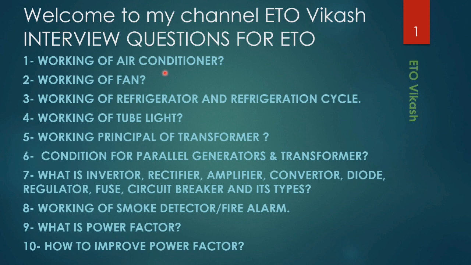So AC, working of your AC. In AC mainly there are 4 units: compressor, condenser, expansion device, and evaporator.